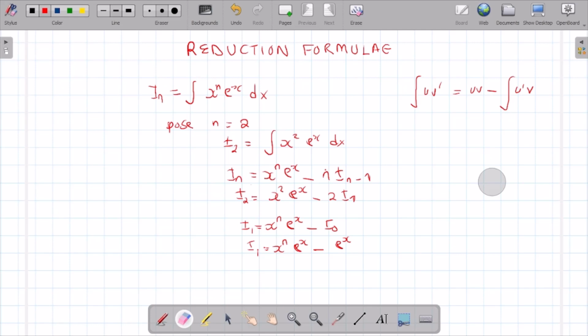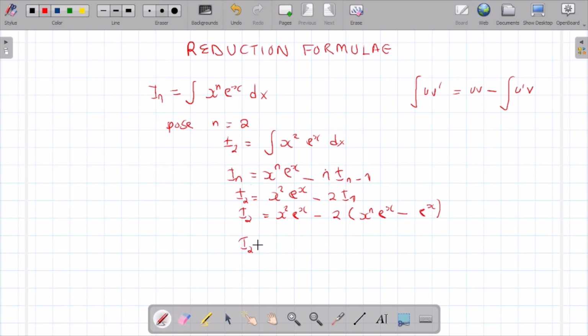Now that looks good. So after finding I of 1, the goal is to find I of 2. So we go back here and replace I of 1. We have that I of 2 is going to be equal to x squared e to the power of x minus 2 times I of 1. I of 1 is x to the power of n e to the power of x minus e to the power of x. Now let me take care of the bottom part to give ourselves enough room.